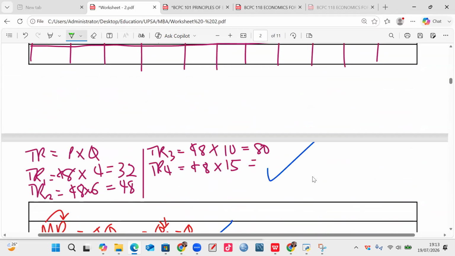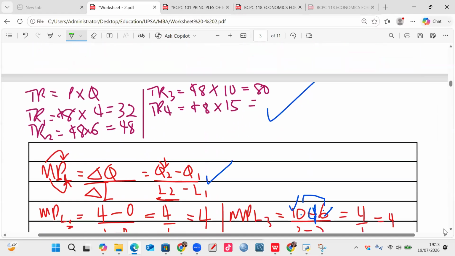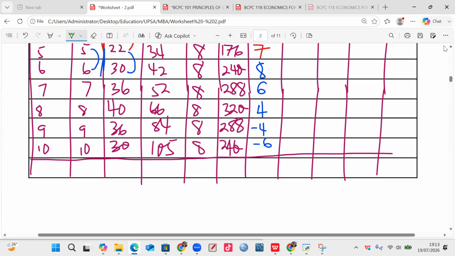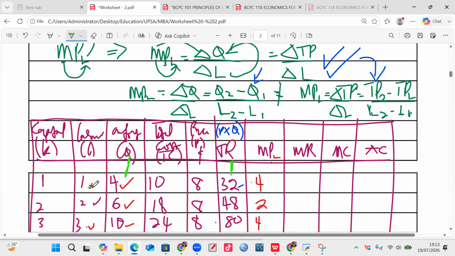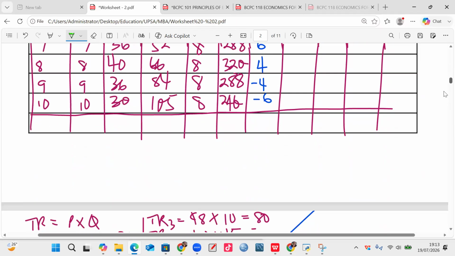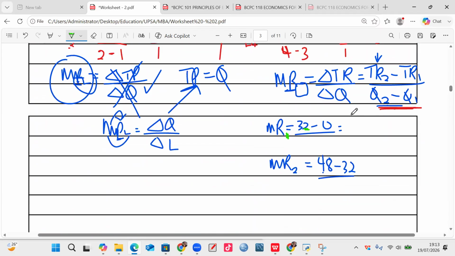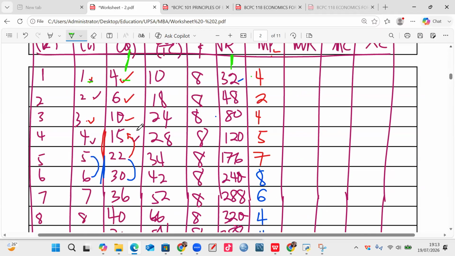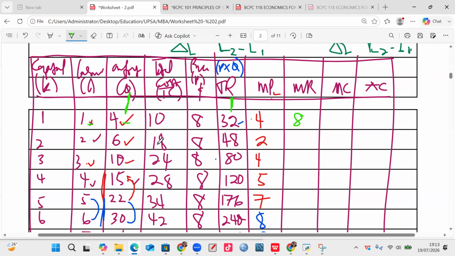I'm dealing with marginal revenue labor 1 at the first level. What is the Q2? It is 4 minus the previous, which is 0. Are you good? So it should be 4 minus 0. So what do we have? 32 over 4. What does it give me? 8. Are we good? Yes. Okay, this is 8 here.